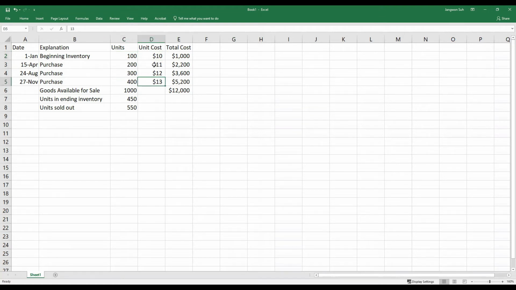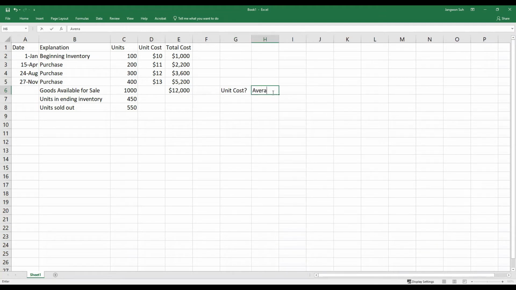So rather than finding just the exact middle point between the beginning and ending numbers, maybe we should use the so-called weighted average method. Meaning, how much is the unit cost? Maybe we can use average cost, weighted average.